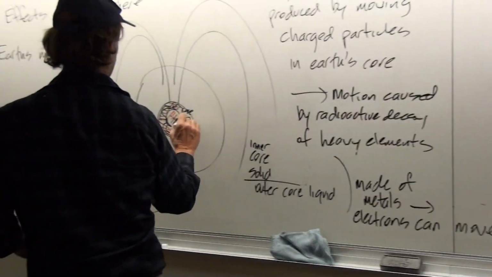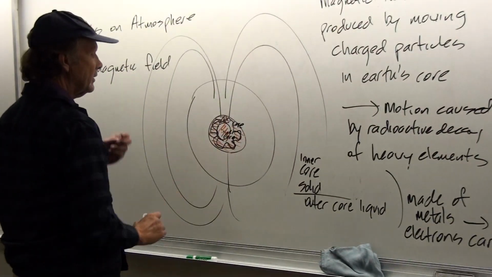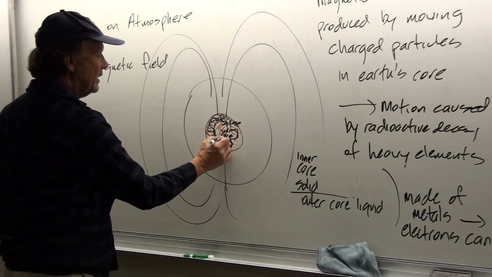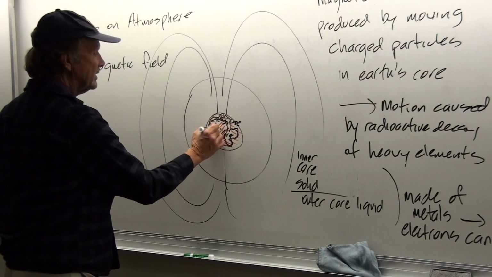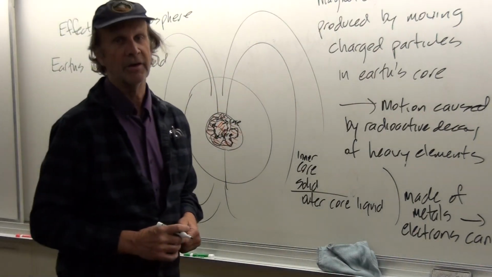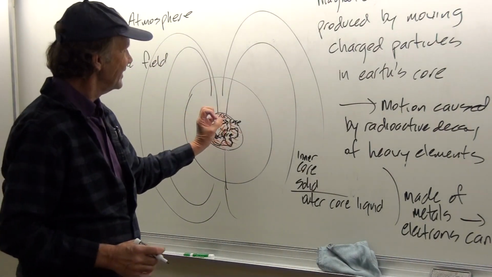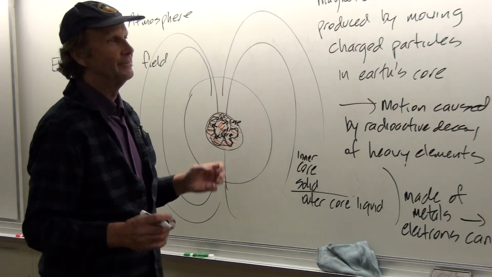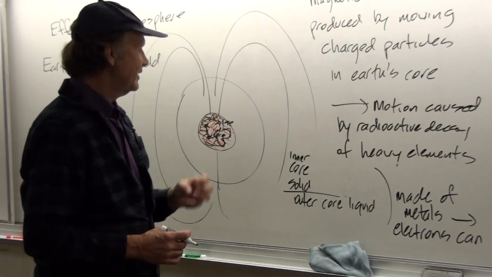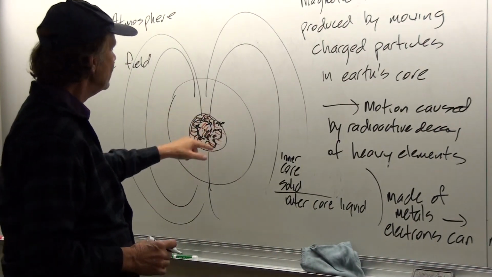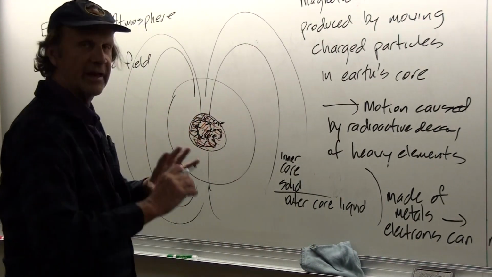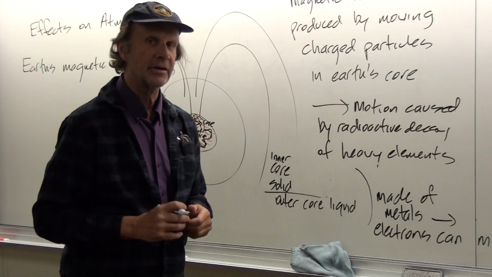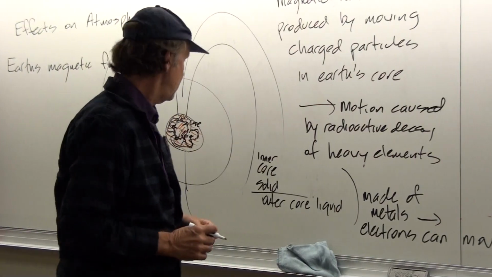So the motion then of all these charged particles in the Earth's outer core is really being driven by all of the radioactive decay that's in the inner core. So the inner core is kind of like the nuclear pile, the uranium that's in a nuclear power plant, and the outer core, these liquid metals, are kind of like the water that's being heated by the nuclear core in a nuclear reactor like Diablo Canyon.